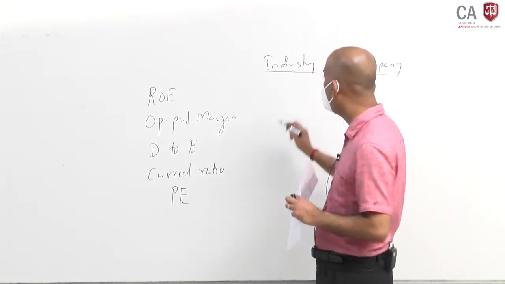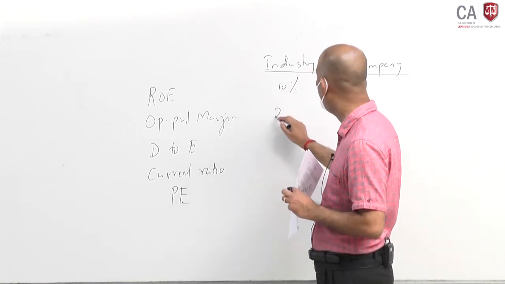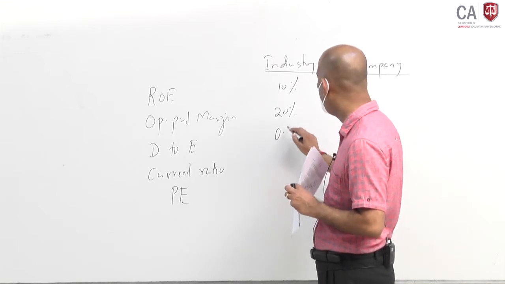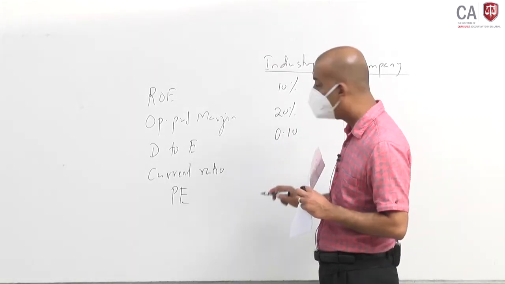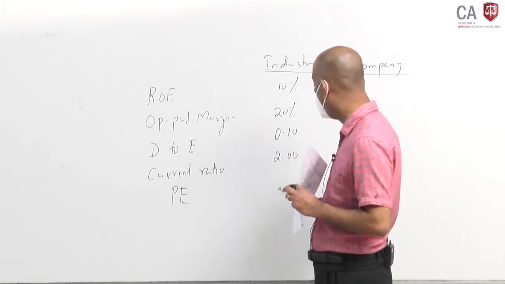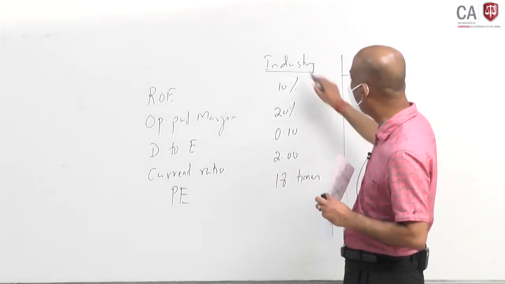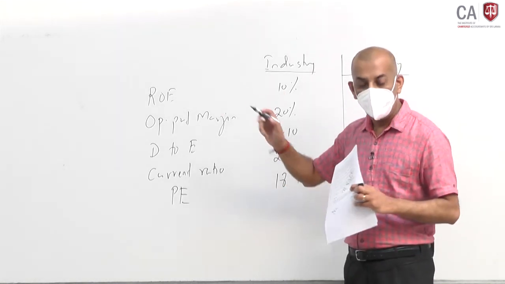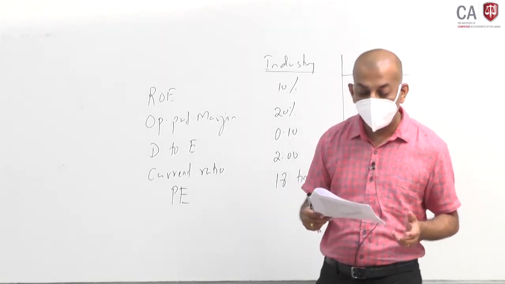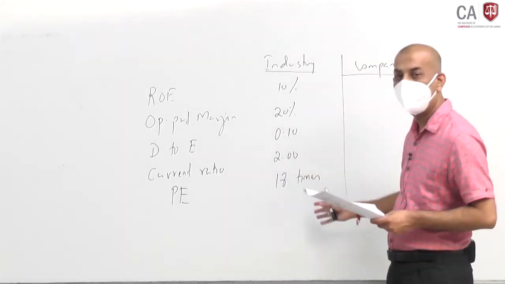They are given for the industry: return on equity 10%, operating profit margin 20%, debt to equity ratio 0.10, current ratio 2 times, and P/E ratio 18 times. This is the industry information. We need to calculate the company-specific ratios of Cold Ice PLC and compare with this industry.